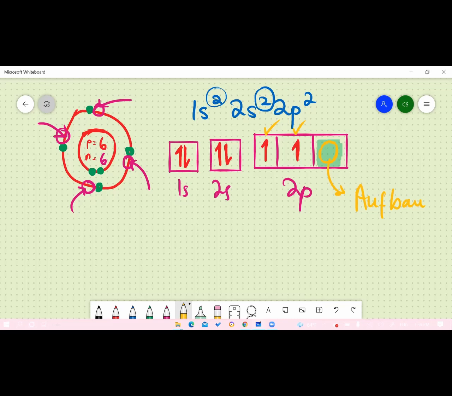You have to put them singly first and then you pair the electrons. That's one of the main reasons why, when we were drawing this atomic diagram in grade 11, your teachers told you to write them singly first, then pair them, because that's how we do it.